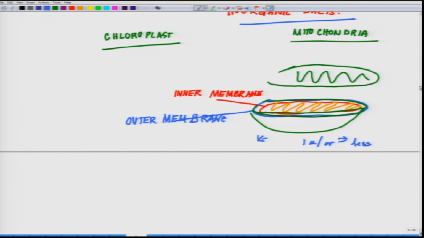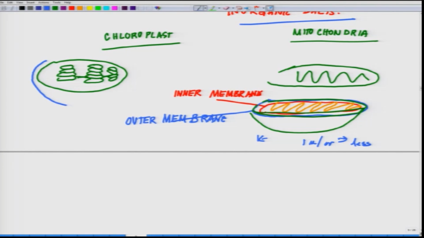Similarly, if you look at the structure of the chloroplast, you will observe very similar features. This is how the chloroplast structure looks like. These are thylakoid membranes, and this is the outer membrane of the chloroplast. I am just showing the cross section. This is the inner core of the chloroplast.